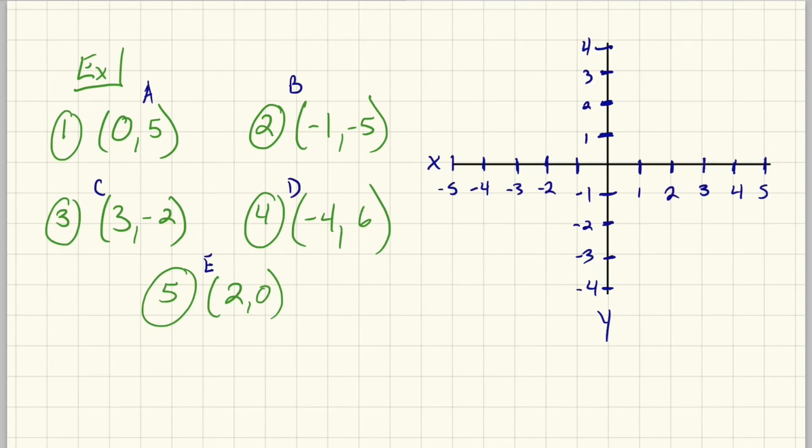We're going to start with number 1. Now, number 1 is 0, 5. So first thing we've got to remember is that 0 is where we're going on the x, 5 is where we're going on the y. We always start at the origin. This point tells me I'm going 0 spaces on the x. So that just means I stay where I'm at. From there, I go up 5 spots because positive 5 is in the positive direction, and that gives me 1, 2, 3, 4.